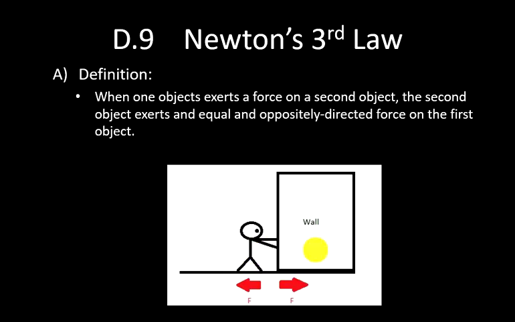You apply a force on the wall like so. The wall, according to Newton's third law, is going to apply an equal and opposite force on to you. That's why, for example, you can't walk through walls. Your head hits the wall, the wall hits you back in the head.